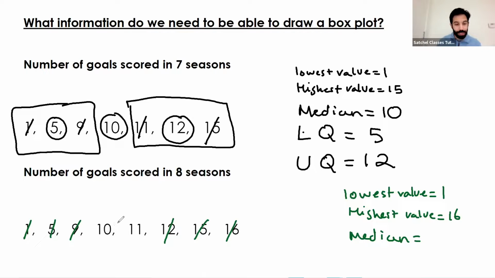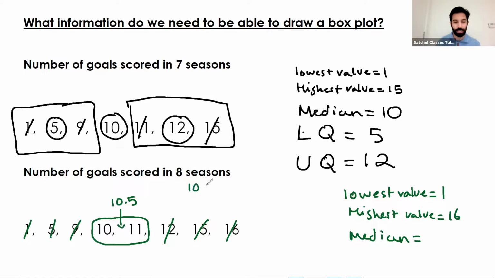So actually what we need to do is think about these 2 numbers and find the middle value between them. And the middle value between 10 and 11 is going to be 10.5. So 10.5 is going to be your median. Another way of finding the midpoint of 2 numbers would be to add them and divide by 2.